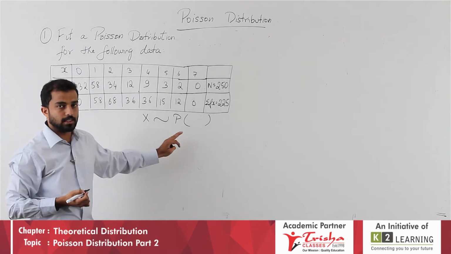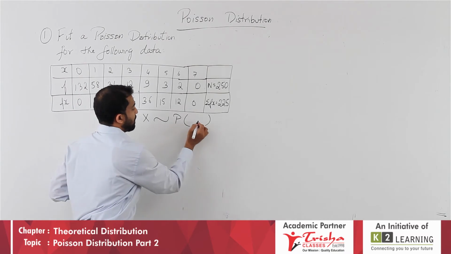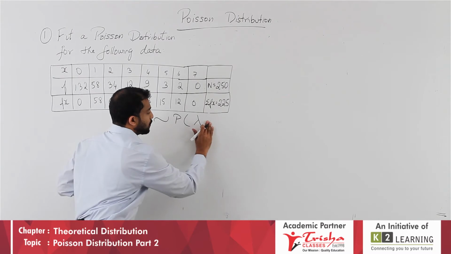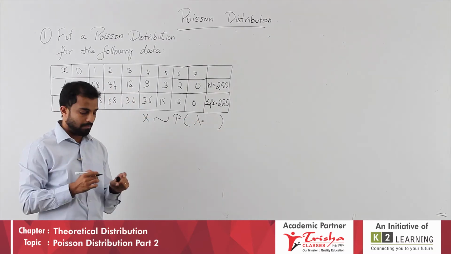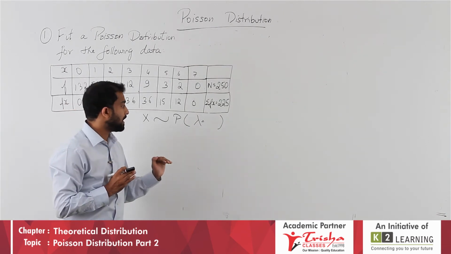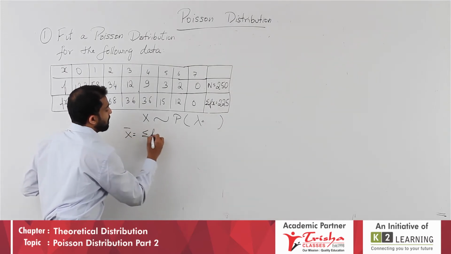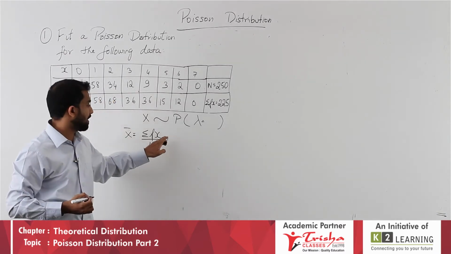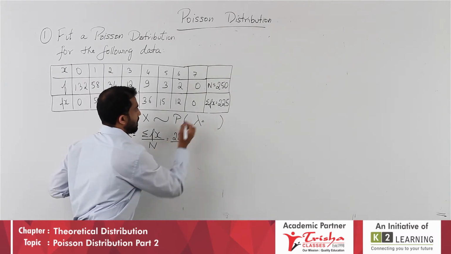So students, the next step is to write x follows Poisson distribution along with its lambda, but we do not know what is lambda as of now, so we will write it as lambda itself. Once we get the answer, let us write it here. How to find out lambda? Lambda is nothing but mean, and mean of the distribution is x bar is equal to summation fx divided by n. We got summation fx as 225 divided by n is 250.